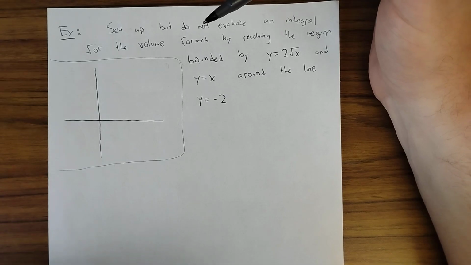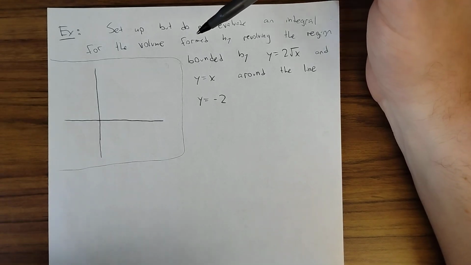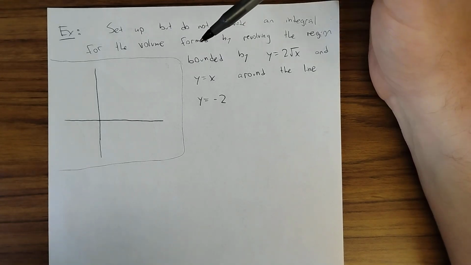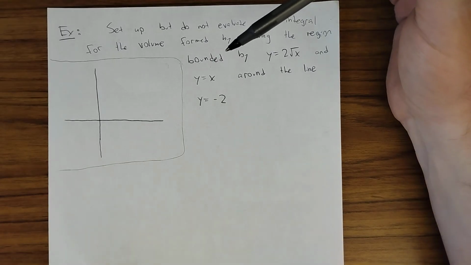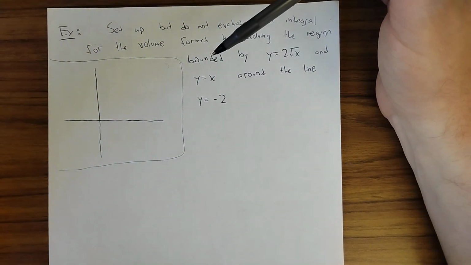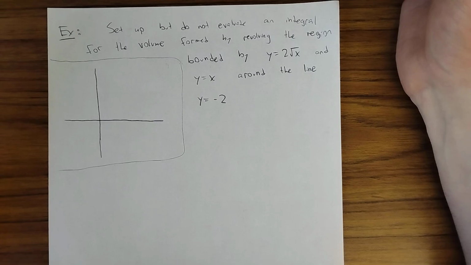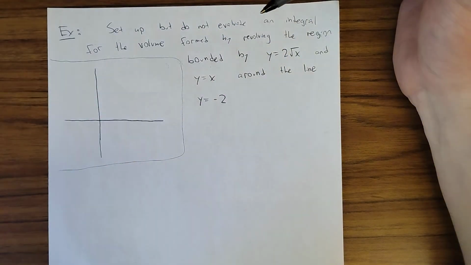It may help you to draw a picture, but you may also receive questions where there isn't a picture drawn for you. On the last one, we had a picture drawn for you, and we sort of trusted the picture when we were coming up with the limits of integration. But you may not have that information. You may have to figure it out.